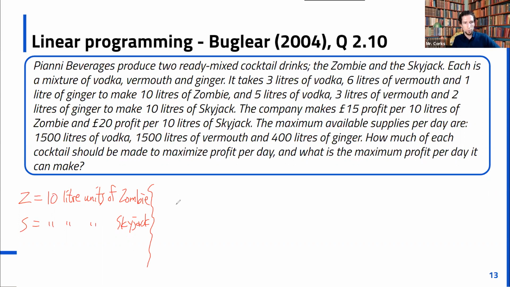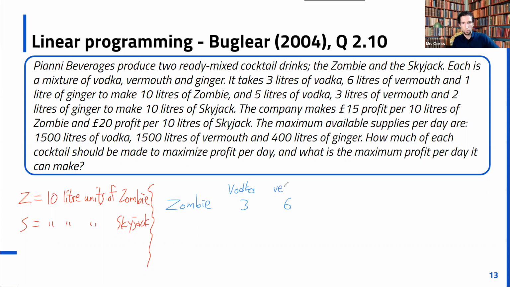So first, this drink, zombie. What is the recipe for this drink? 3 vodka, 6 vermouth, and 1 ginger.